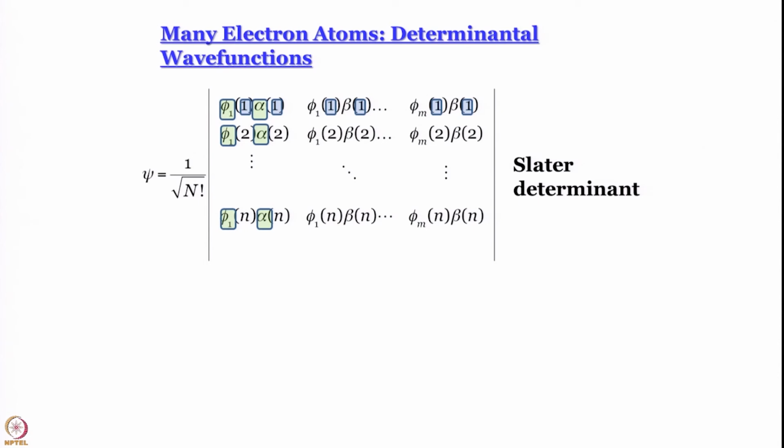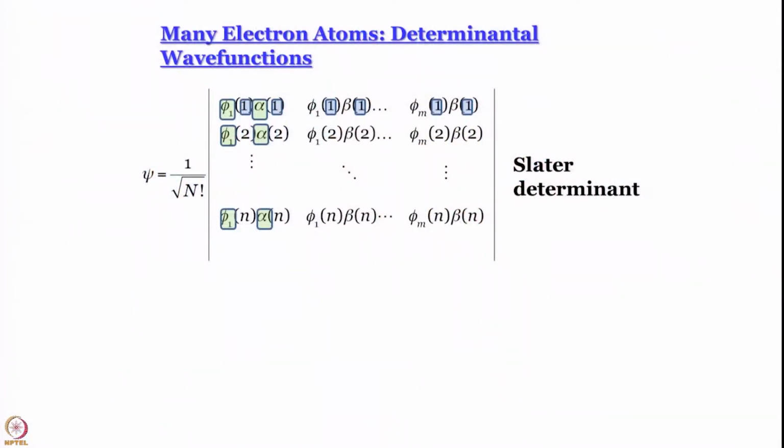What happens if n equal to 11? Where will I stop? Phi 1 alpha 1, phi 1 beta 1, phi 2 alpha 1, phi 2 beta 1, phi 3 alpha 1, phi 3 beta 1, so on and so forth up to phi 5 alpha 1, phi 5 beta 1.